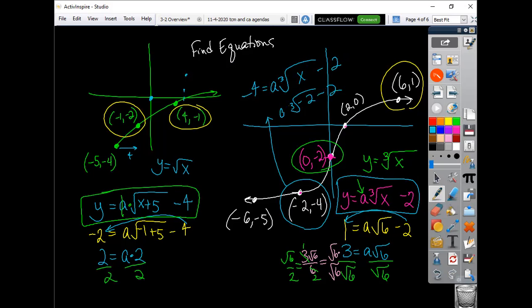Stretch factor. Add the 2, that gives me a -2. Divided by this cube root of -2. And that's kind of gross.